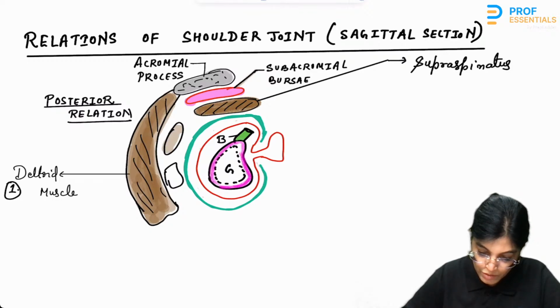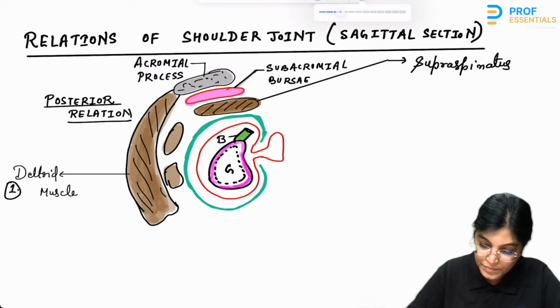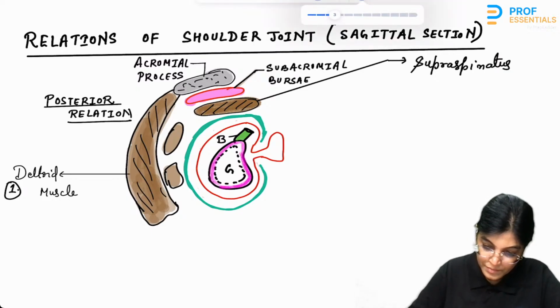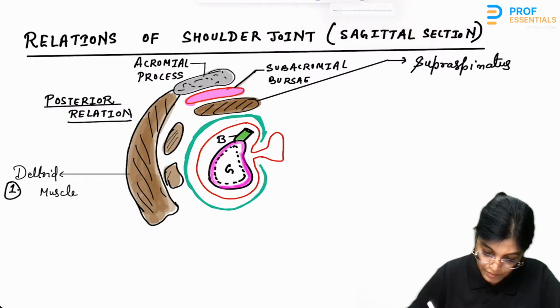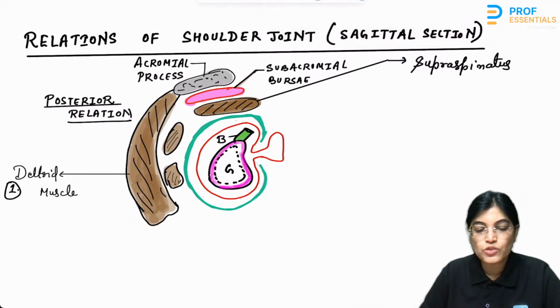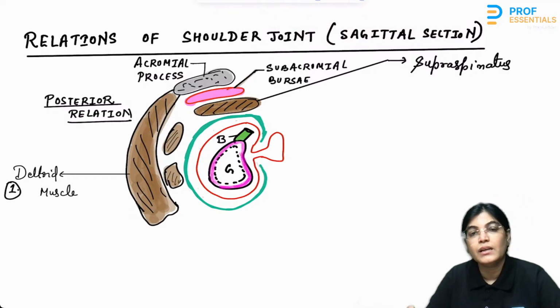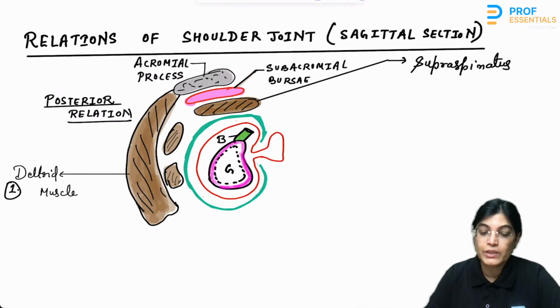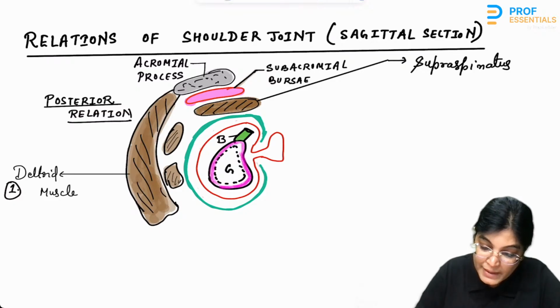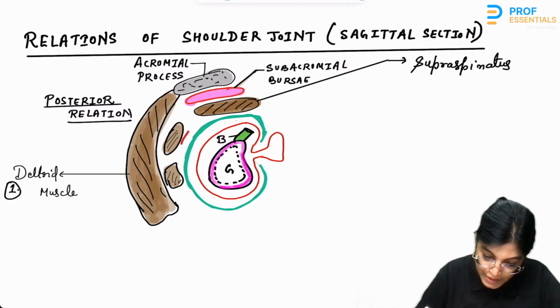Again, I will use brown color for this. And beneath the infraspinatus muscle, on the posterolateral aspect of the shoulder joint, we have the infraspinatus tendon and infraspinatus bursa. So here we can make the infraspinatus bursa also.